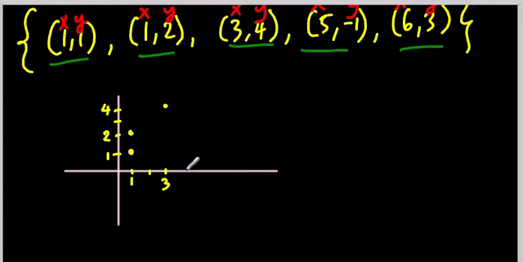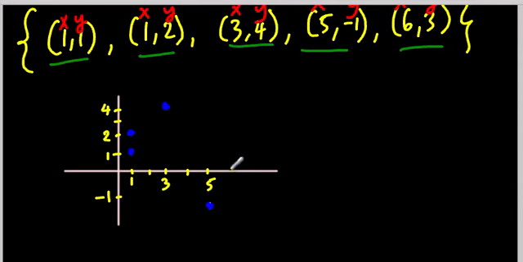Then I have (5, -1). So here's 4, and here's 5. Oh, and it says -1, so of course I have to go 1 down. Here's -1, and this point is like that. Actually, let me draw these in another color just so I distinguish them. So here's blue, that's blue, that's blue, that's blue. And then my last point is (6, 3).